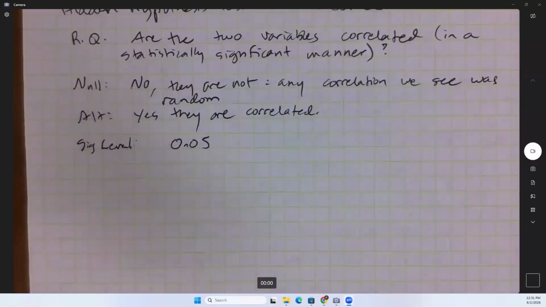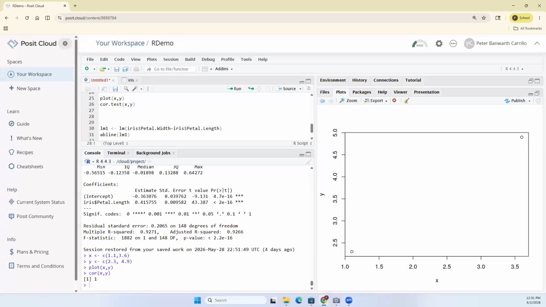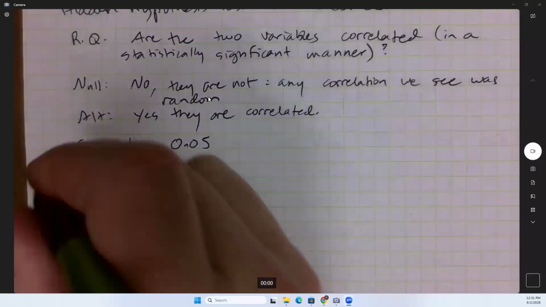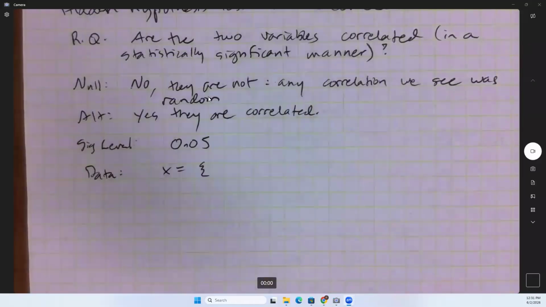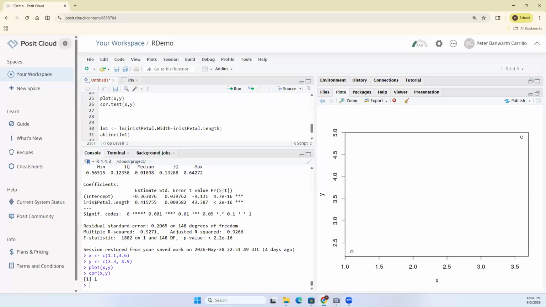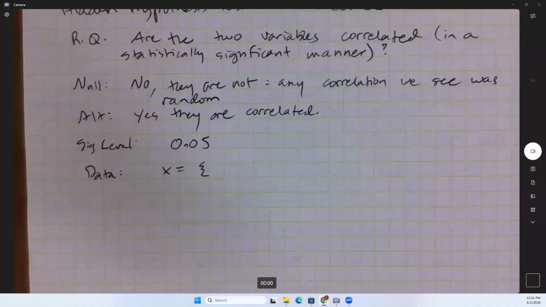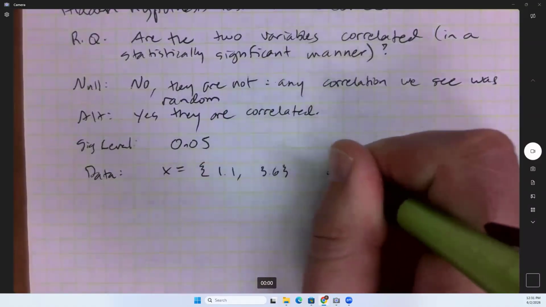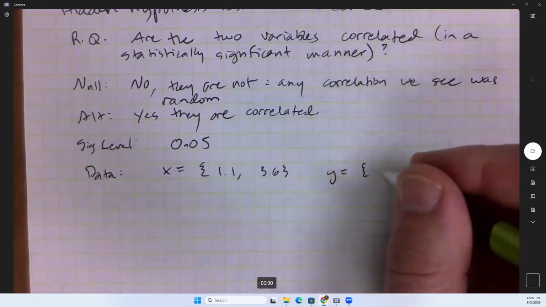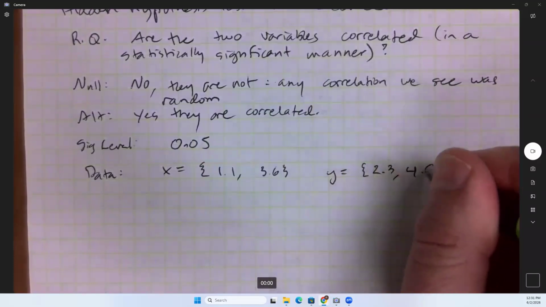Our data here is pretty sparse. We just have our two data points. So we've collected our data. X is 1.1 and 3.6. Y is 2.3 and 4.9.